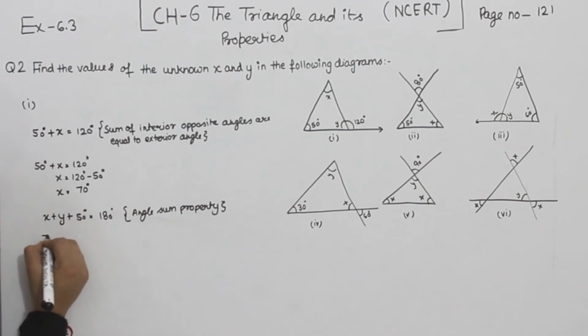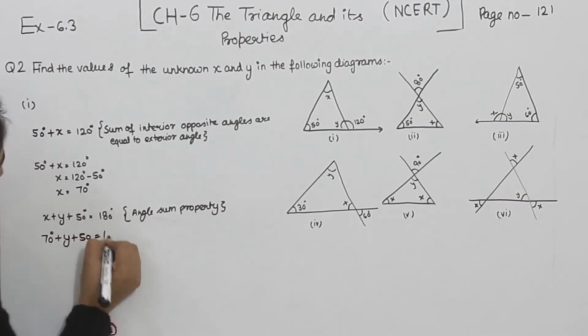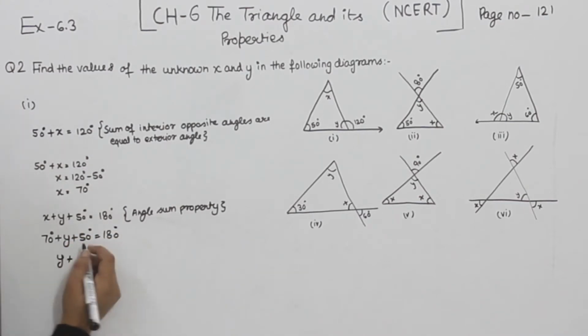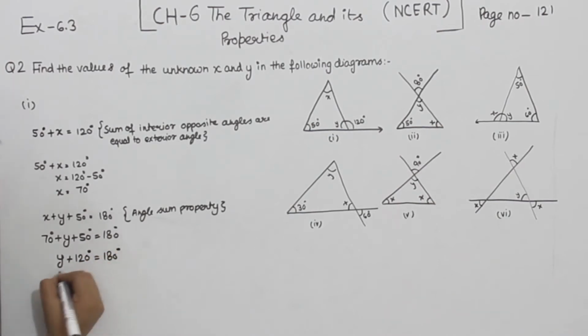Now the value of x is 70, plus y plus 50 is equal to 180. Now y plus, we'll add them, 120 is equal to 180, y is equal to 180 minus 120, y is equal to 60 degree. So this is the value of y.